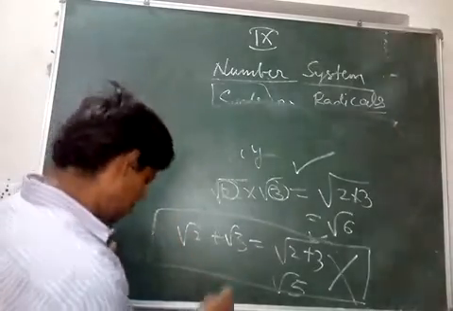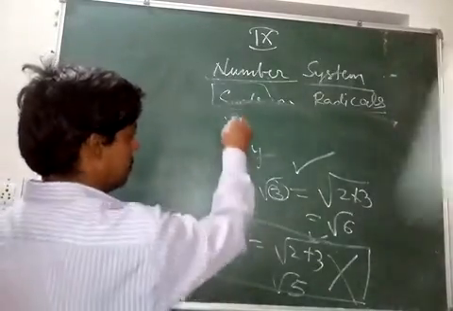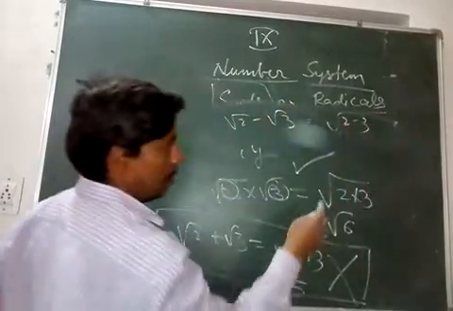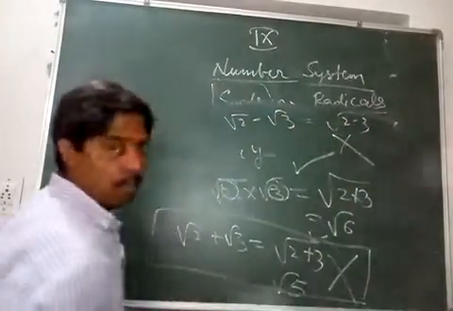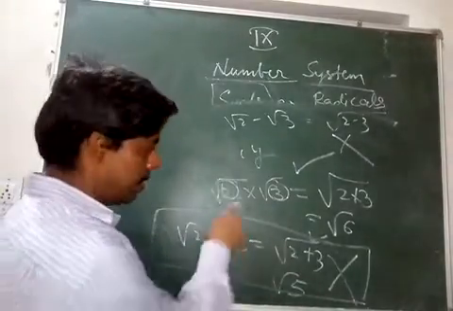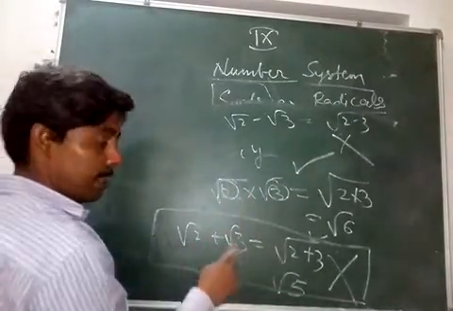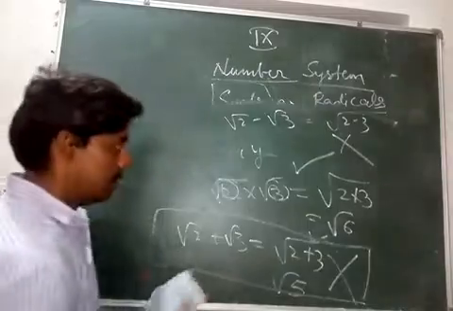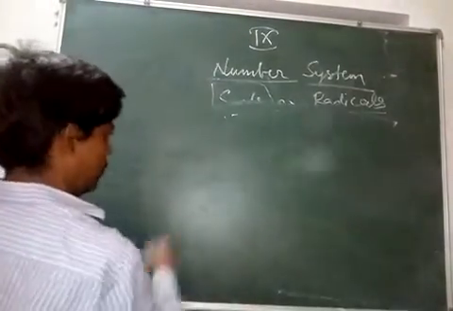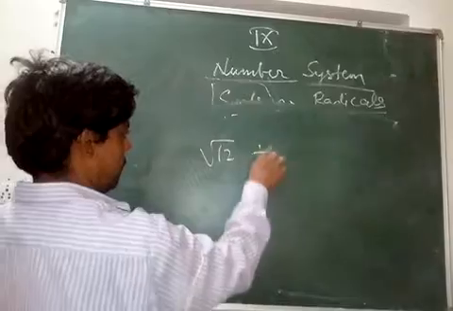But in addition or subtraction, somebody says root 2 minus root 3, root 2 minus 3, not allowed. Wrong. Okay. And in divide also you can divide, just like you can take the number inside the root. But let's see how to do the division. Suppose somebody says what is root 12 divided by root 3.